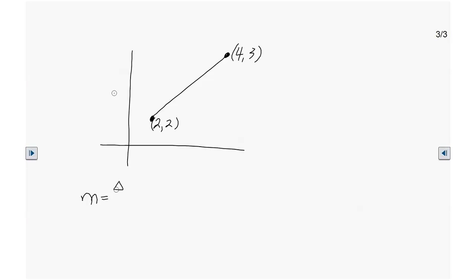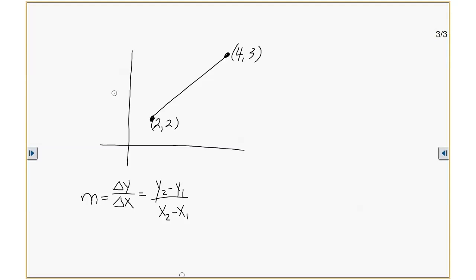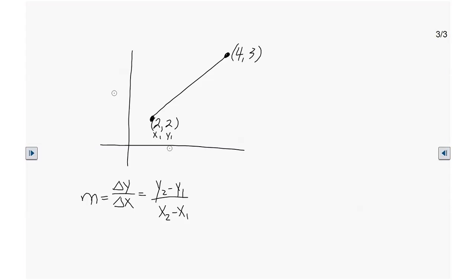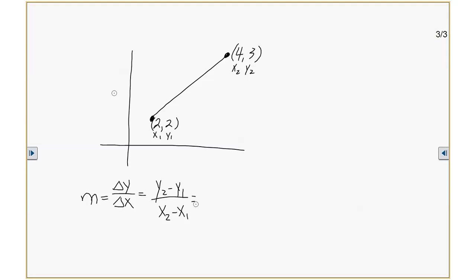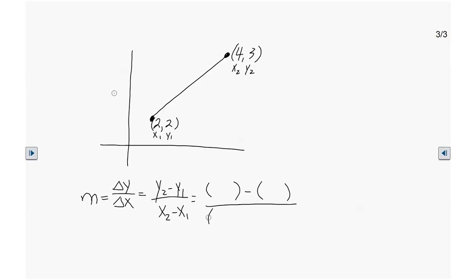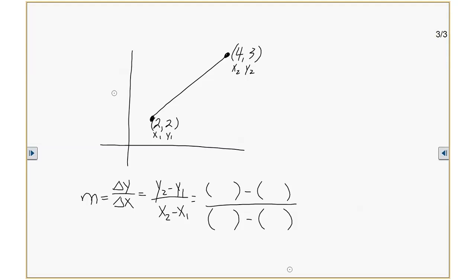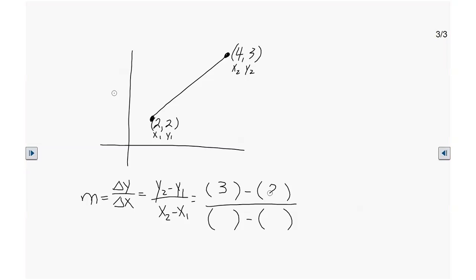M is equal to delta y over delta x, which the formula for that is y sub 2 minus y sub 1 over x sub 2 minus x sub 1, right? We read from left to right, so that's x sub 1, y sub 1. This is x sub 2, y sub 2. And we plug in. That's going to be 3 minus 2 over 4 minus 2, which is equal to 1 over what?